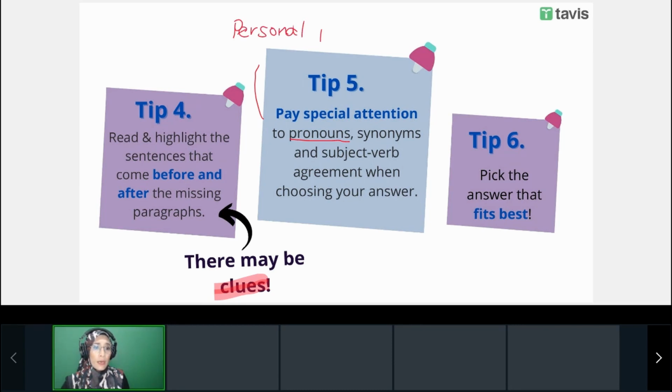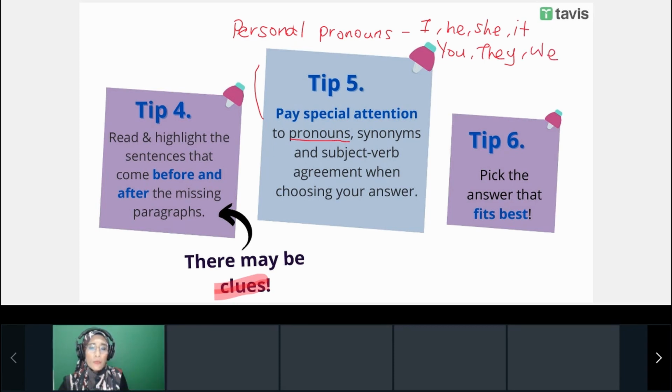We have personal pronouns. So we have the most basic ones, the ones that we always use for ourselves or to address someone, to call someone. I, he, she, it, you, they, and we. These are the 7 pronouns that we all know.